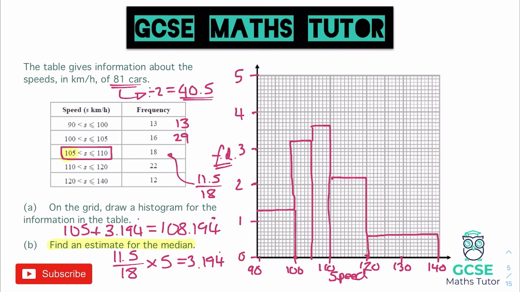And that would be our final answer for the median. It would probably be fair for you to round these, but it doesn't say to give your answer rounded to any amount, so it would be absolutely fine for you to leave your answer as 108.194 recurring and have that as the median.